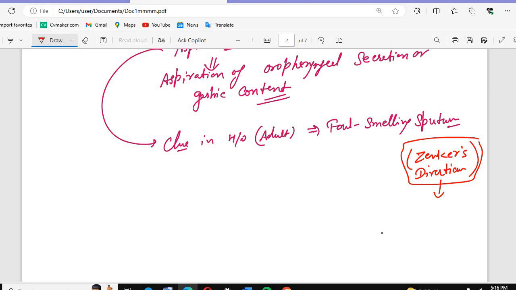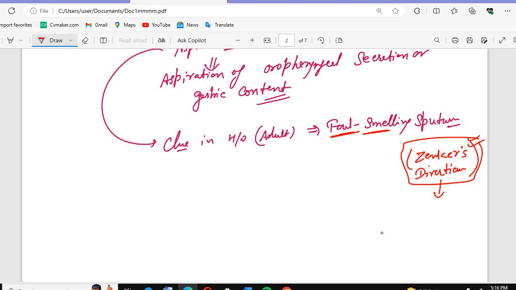After some time that food will give a strong smell, and that again will be foul smelling. So this is just for you to remember about Zenker's diverticulum. But in case of aspiration syndrome, if you are getting foul smelling sputum, that is the main thing.